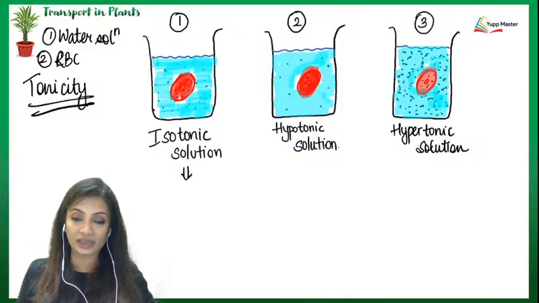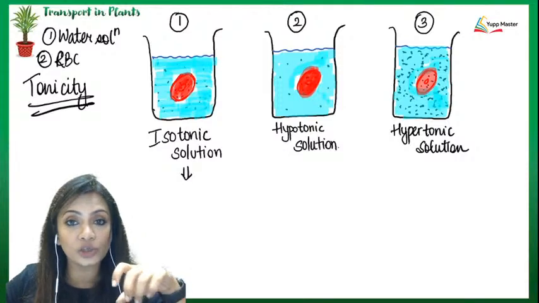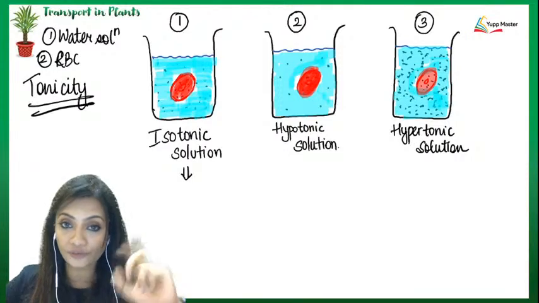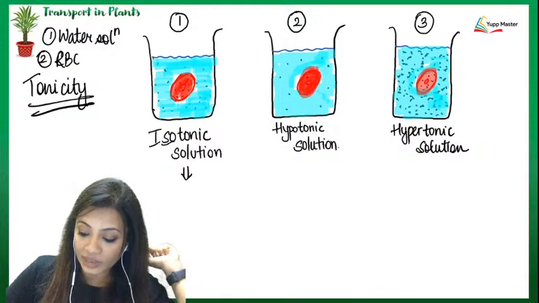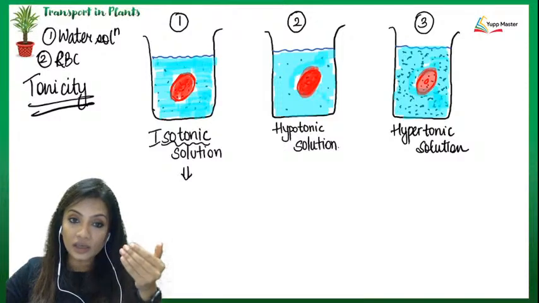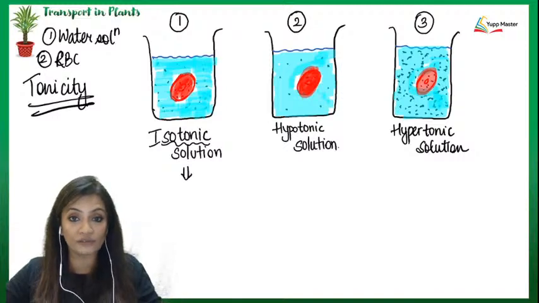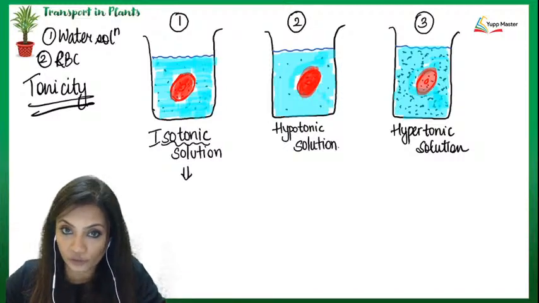So now let's see the comparison here. When we talk about beaker number 1, where is the solute higher? There is no difference because it is an isotonic solution. So salts in the cell are the same as salts in the water solution. So there is no difference there, and there will be no movement of water.